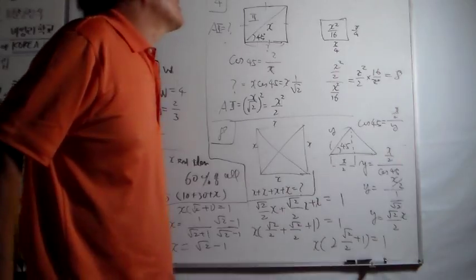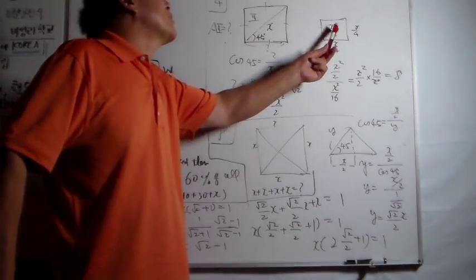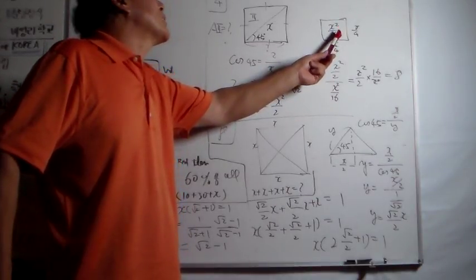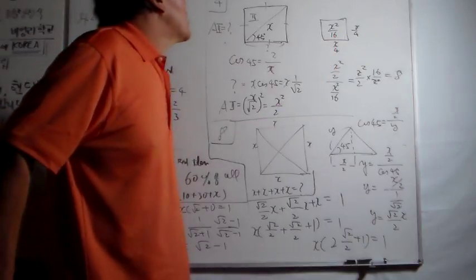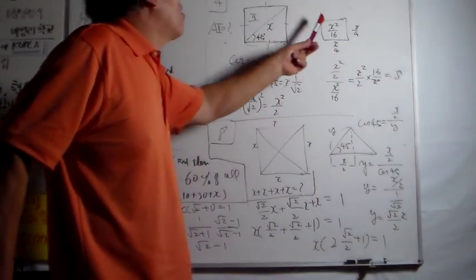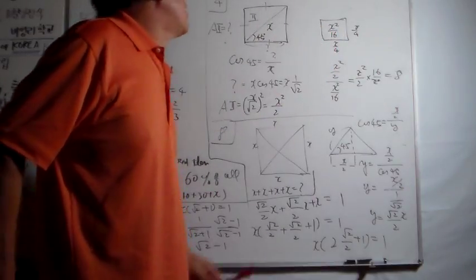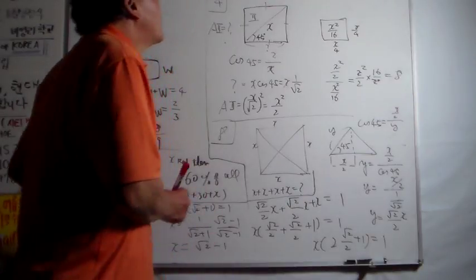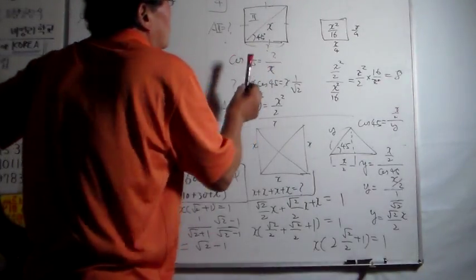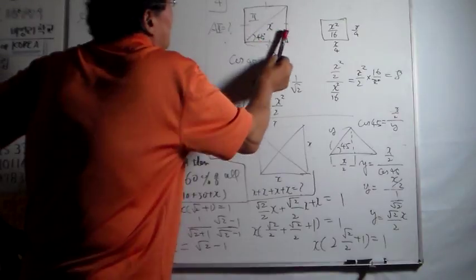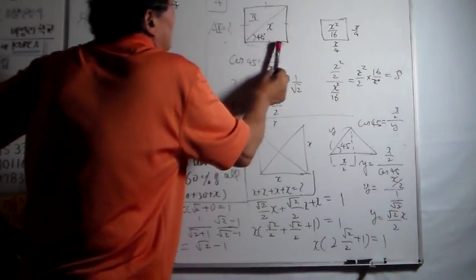So this area is x squared over 16. They're asking how much bigger this area is than this area. We say this is x. So we have to find this length.